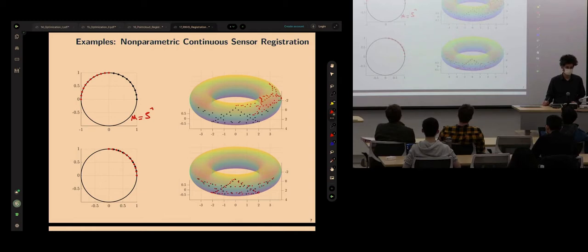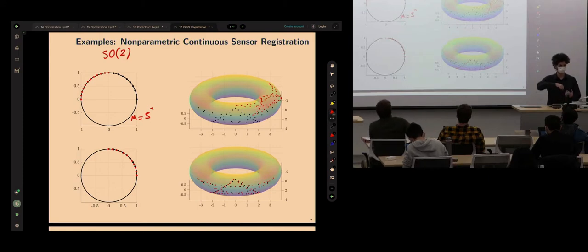SO2, right? So it's the circle group. So the Lie group acting needs to be the symmetry group of the base space. It leaves the circle unchanged, but it moves the point clouds on data space. In the same way, the rigid body transformation is a symmetry group of R3.